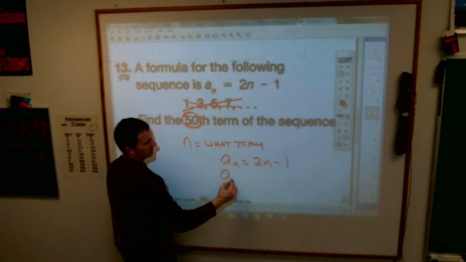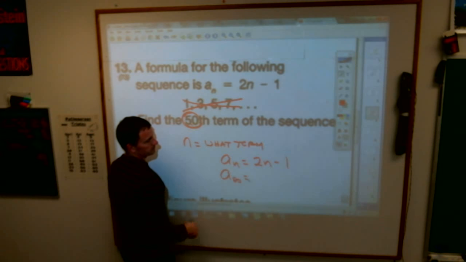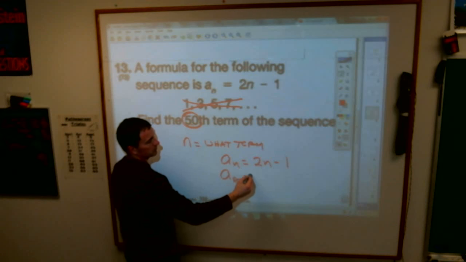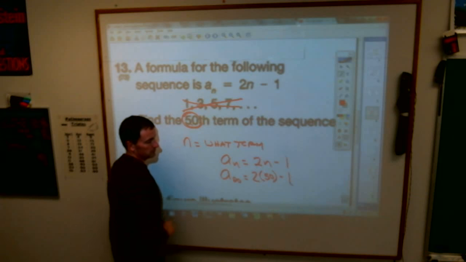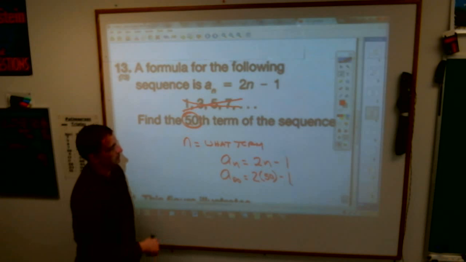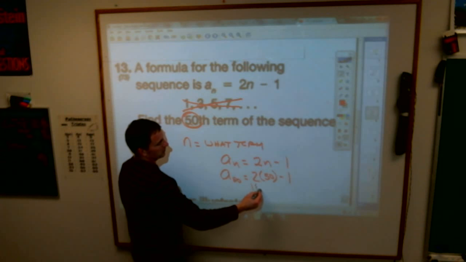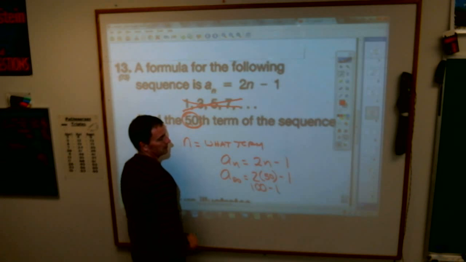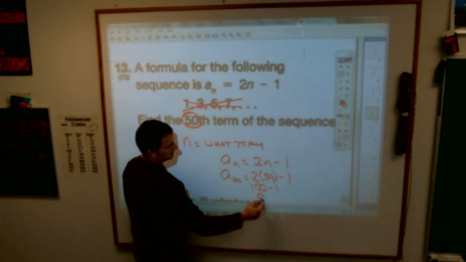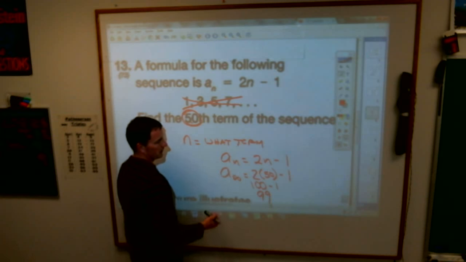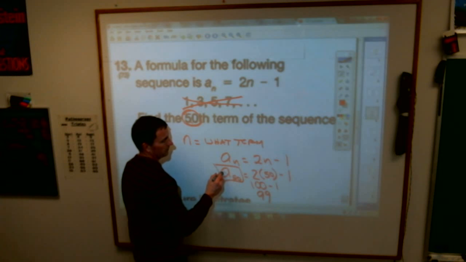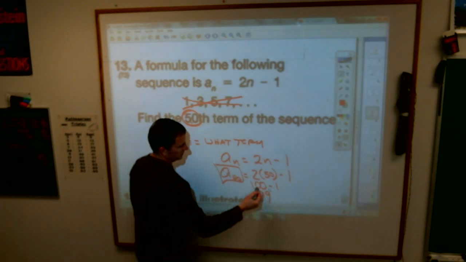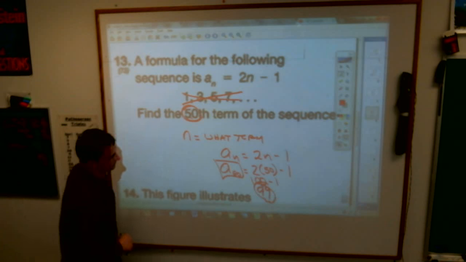So this a to the 50th term, or the value of the 50th term, equals 2 times 50 minus 1. And 2 times 50 is 100. 100 minus 1 is 99. This is just a label. The value of the 50th term is 99.